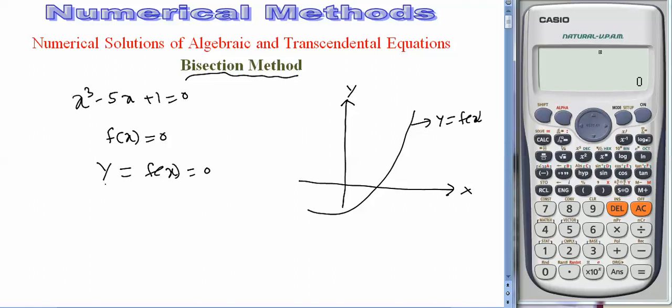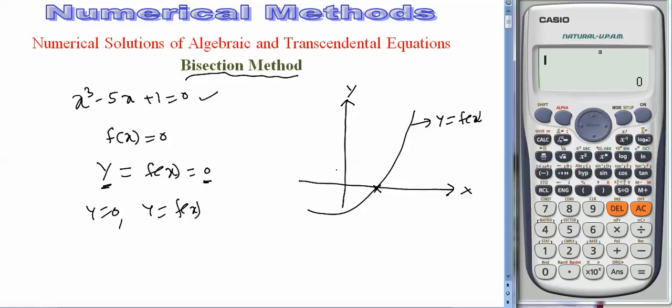Whenever y equals 0 on this curve, that is the point of intersection. The point of intersection of the curve y equals f(x) and y equals 0 is called the root of the equation, or solution of the equation. Then how to find the root of the equation?